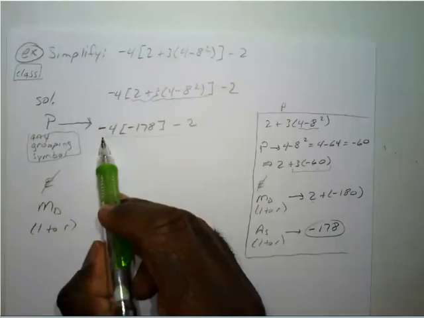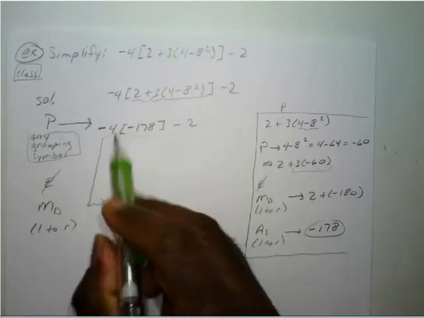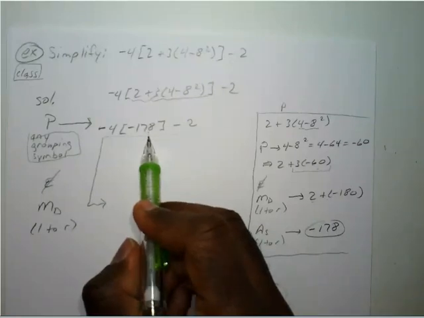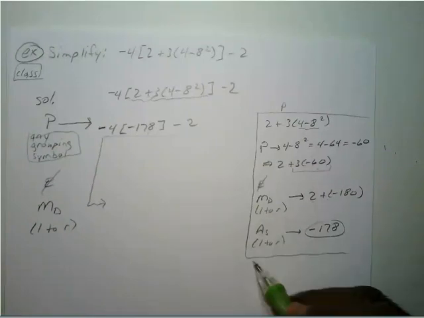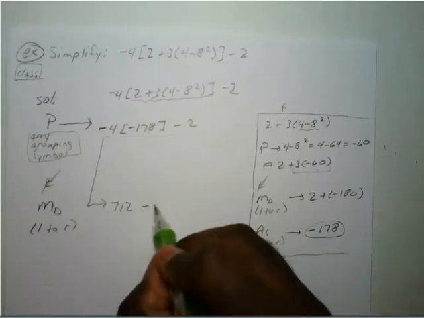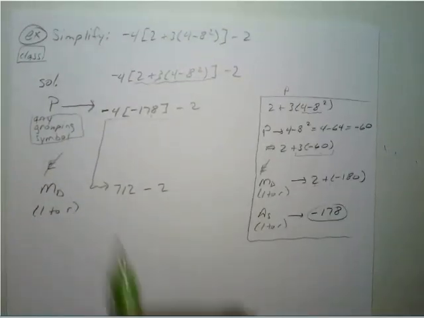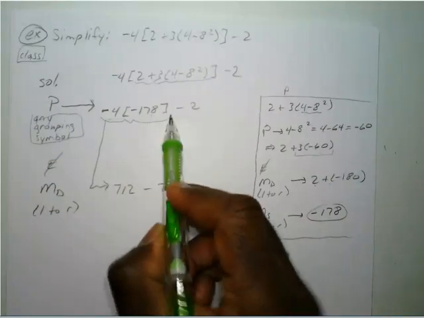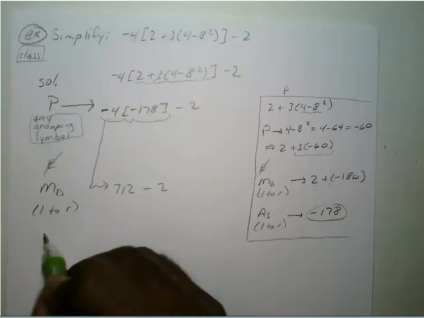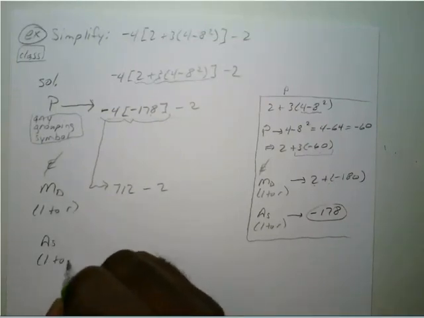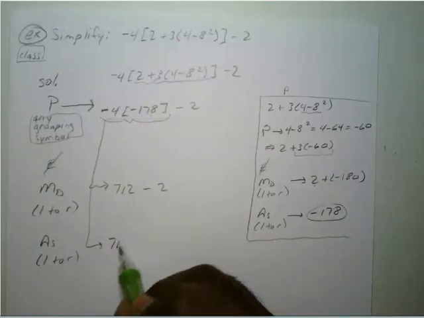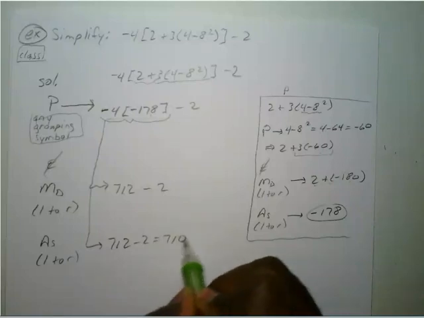So going from left to right, negative 4 times negative 178 is positive 712. Minus 2. Okay, and then we do our adding and subtracting again from left to right. 712 minus 2 is 710.